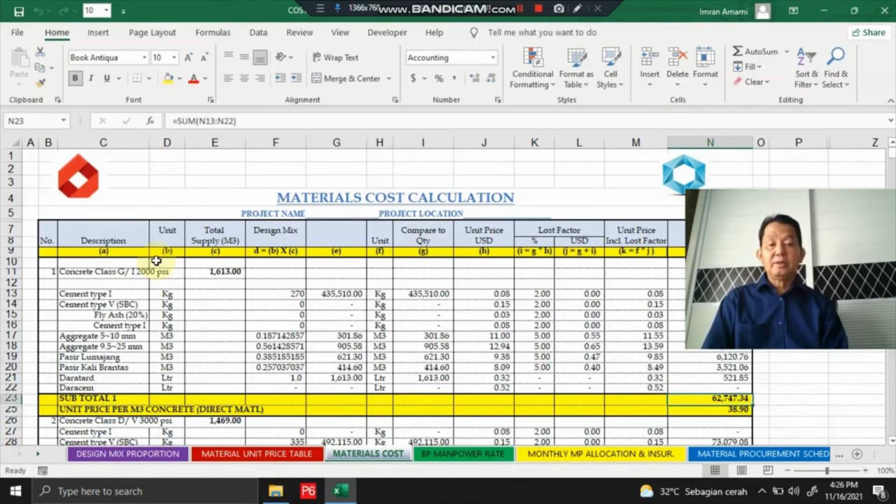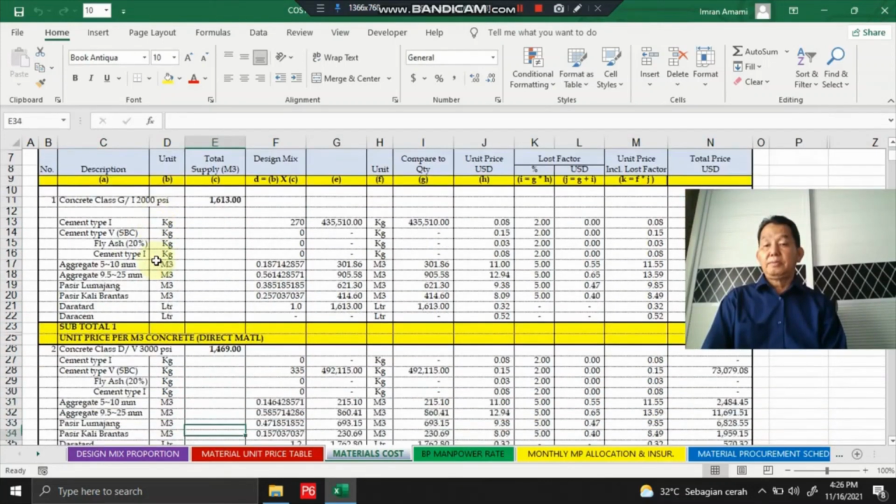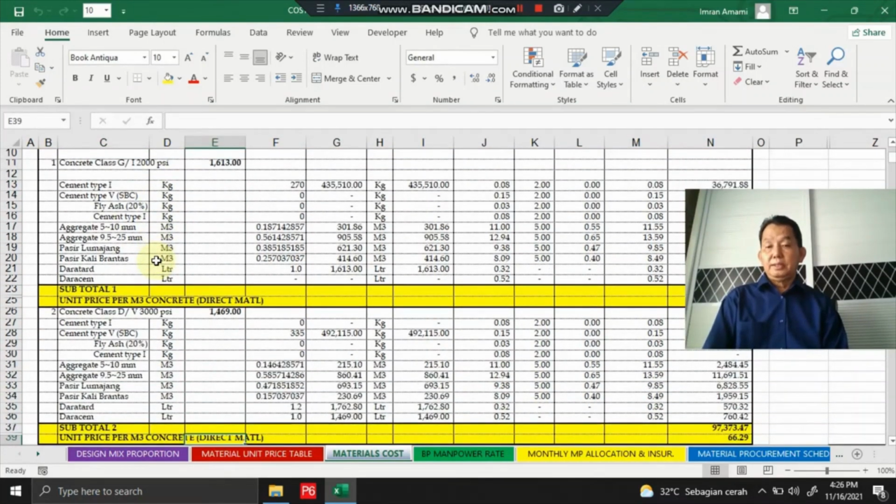Here, the unit price per cubic meter of concrete is found by dividing the total price by the total supply of each class. This is the material price for the other classes of concrete.